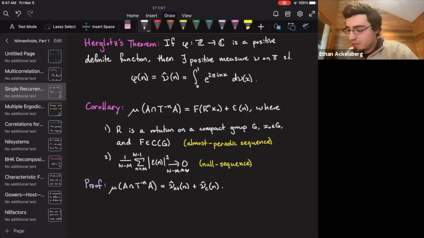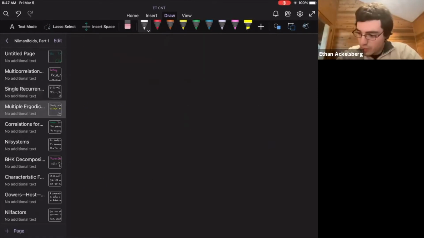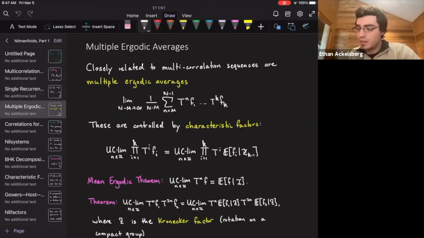If we're studying other versions or extensions of Szemerédi's theorem, we might want to look at multiple ergodic averages instead. And so these are related to multi-correlation sequences. But here we're looking at limits now and not taking integrals.